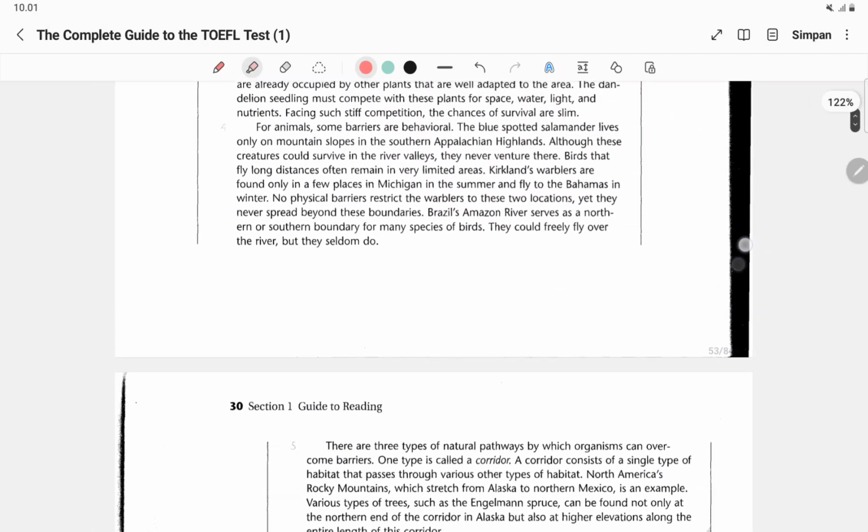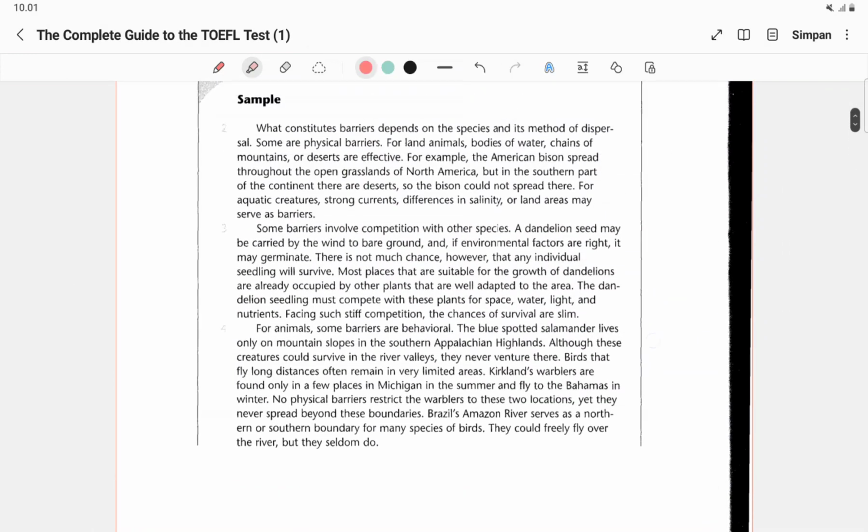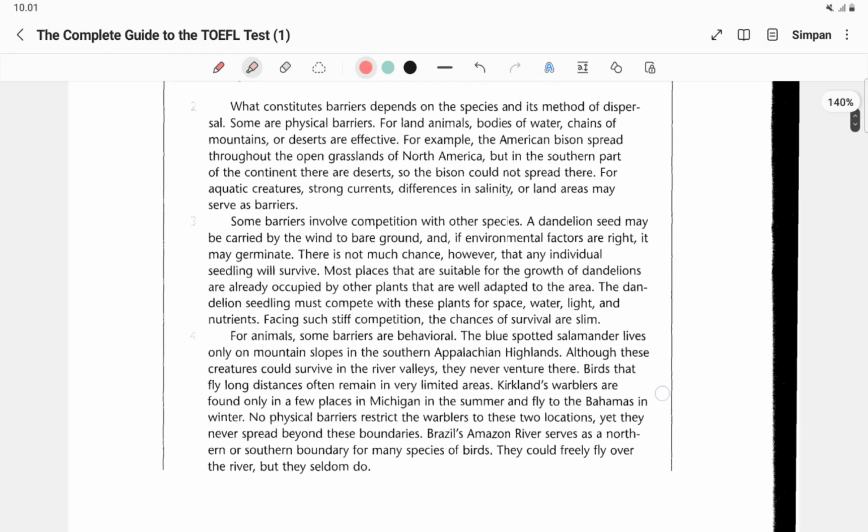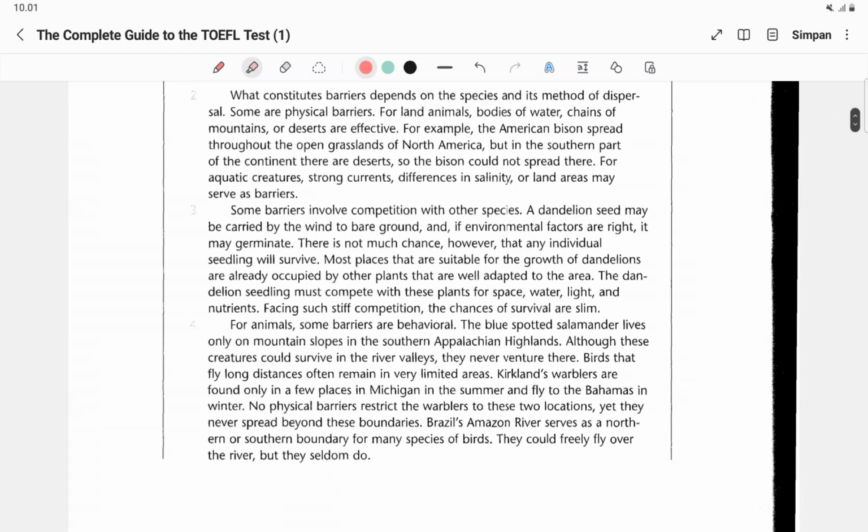Right now, I'm just going to read all the passage, but do not do this while taking the test. What constitutes barriers depends on the species and its method of dispersal. Some are physical barriers.